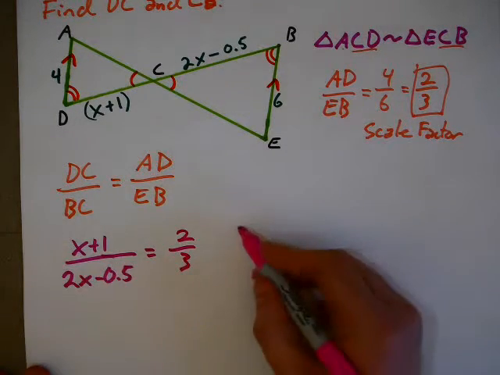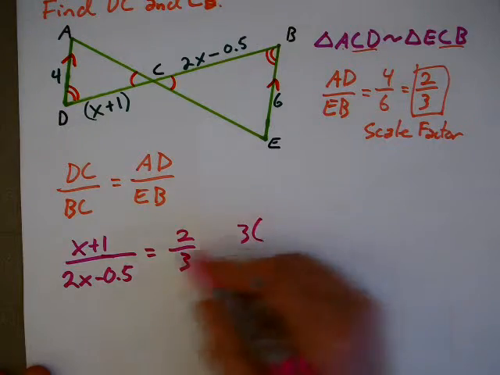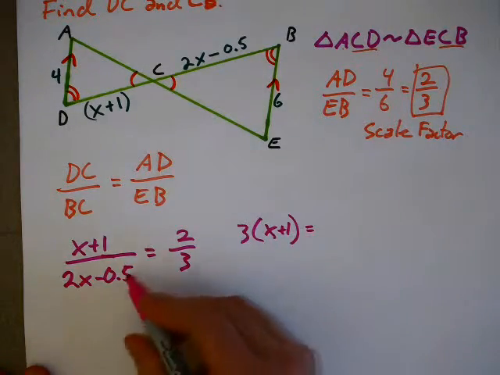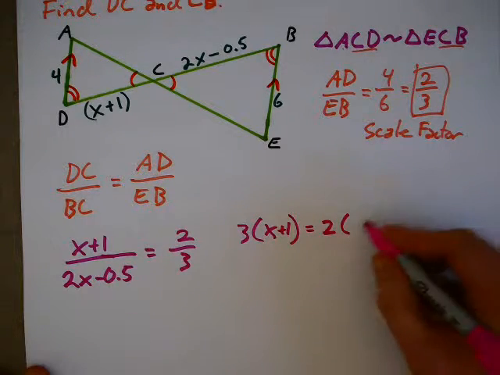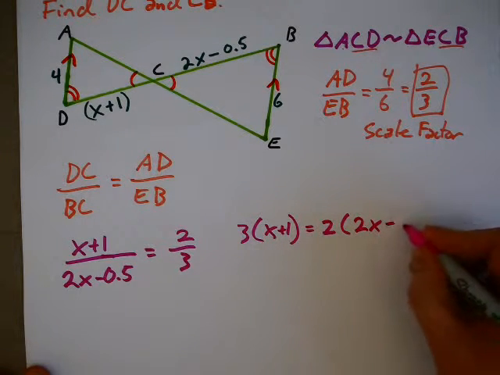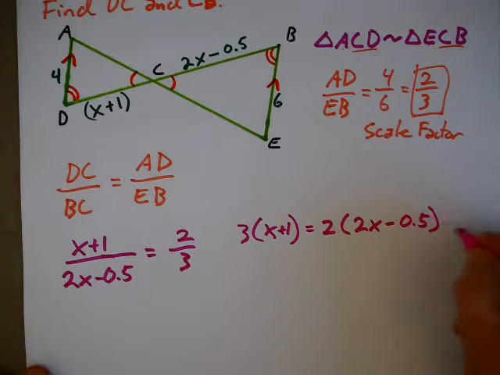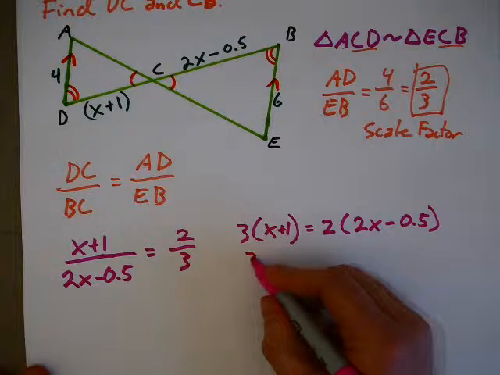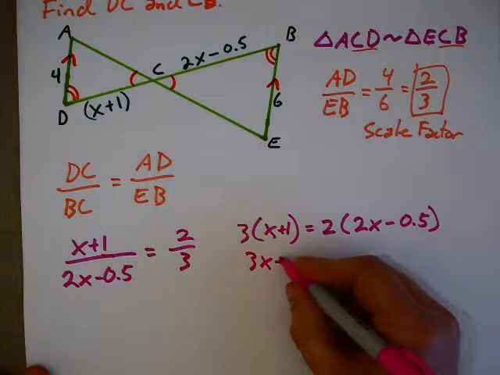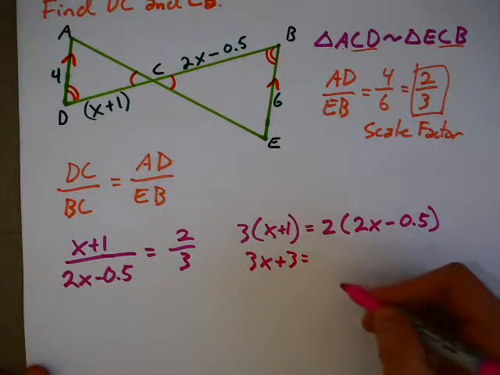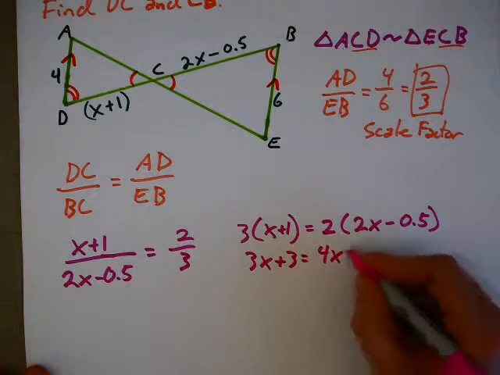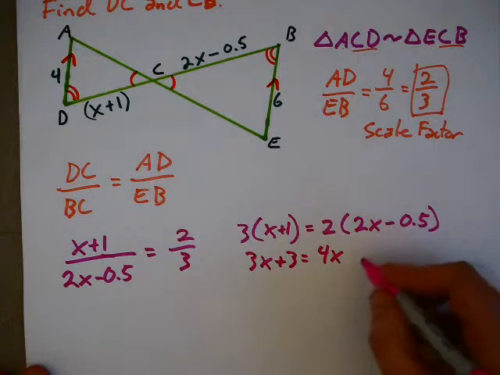I'm going to multiply 3 times x plus 1 and 2 times 2x minus 0.5. Now I'm going to use distribution. So 3 times x and 3 times 1, so it's 3x plus 3. And then 2 times 2x, which will be 4x, and 2 times 0.5, which is just 1.